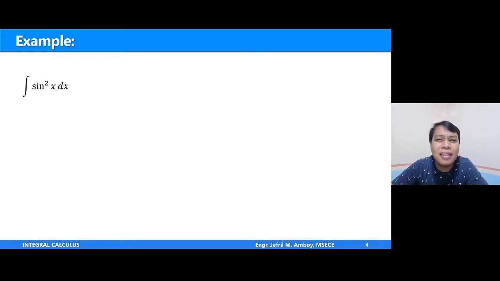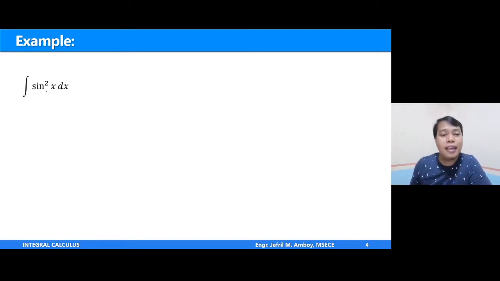But in addition to algebra, you also need to review well your trigonometry. Why? Because in integrating trigonometric functions, there are lots of times wherein you have to know trigonometric identities. And with the use of these trigonometric identities, masisimplify mo yung given function na trigonometric, saka mo pa siya mai-integrate. So one example is this.